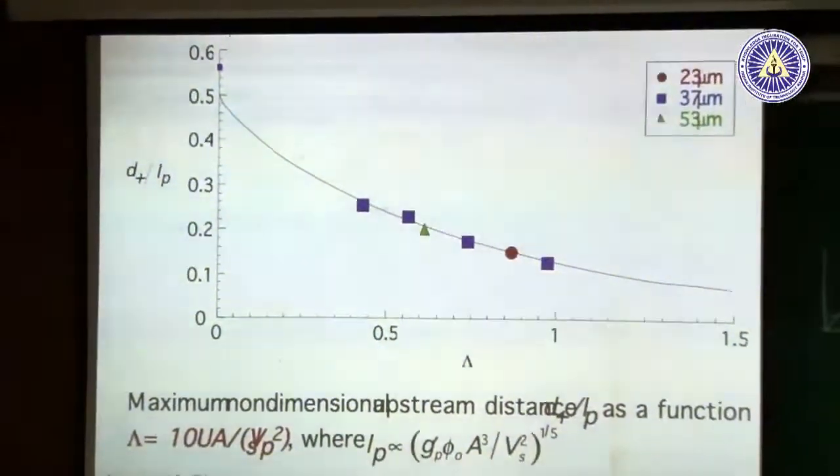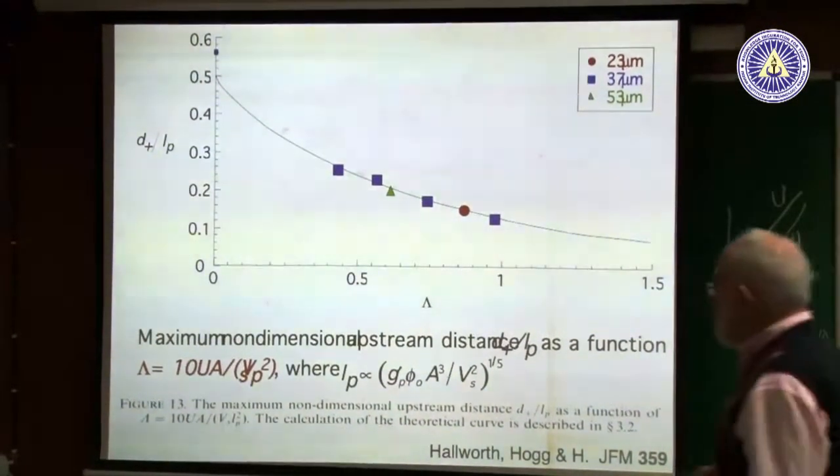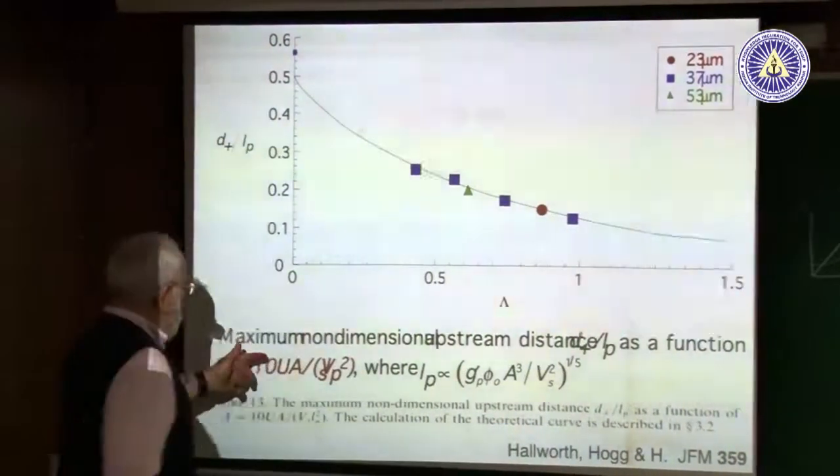I'm not going to go through the details here, the mathematics, but let me just tell you the results. And somehow on my slide this morning this got all muddled up.